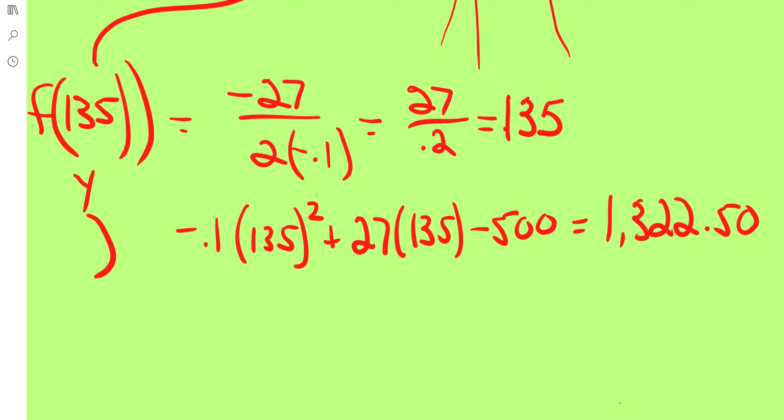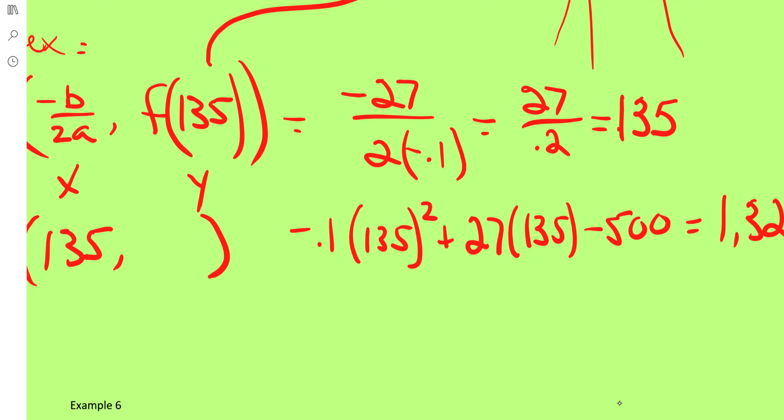Okay, and so this is my ordered pair: 135 for X, $1,322.50, because it's dollars. And that tells me when we sell 135 programs, the amount of money we'll get is $1,322.50, which is the maximum amount.